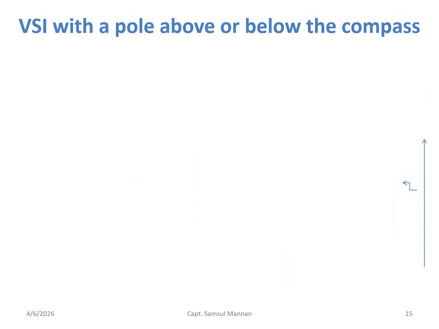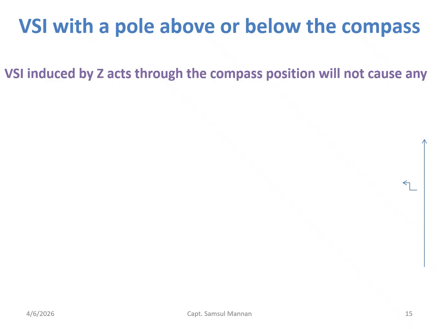Now the last soft iron, this VSI with a pole above or below the compass, will be induced by Z, and it will act through the compass position, and it will not cause any kind of deviation when the vessel is upright, right? This type of VSI will come into effect when the vessel is heeled or listed. So this will be covered in the heeling error, right?